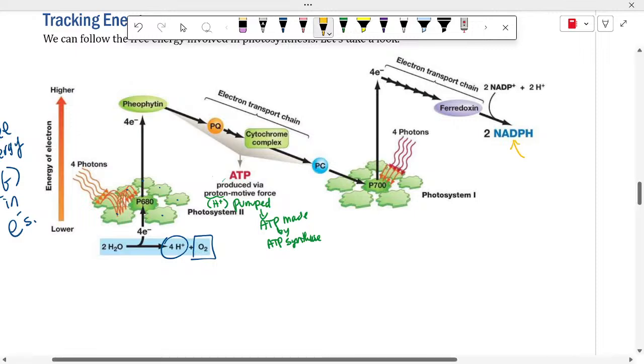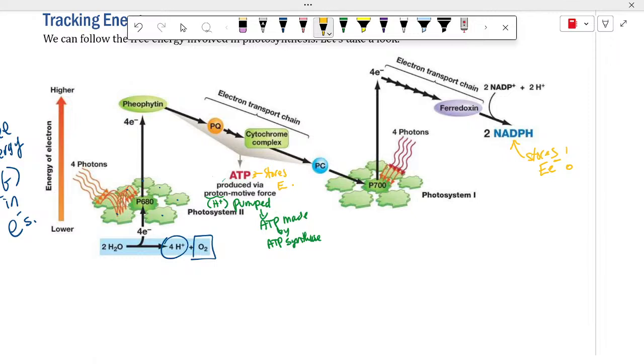And remember, this stores energy, and this stores energy. So we've taken sunlight that's full of energy, and now we've got that energy stored in stable compounds, ATP and NADPH.